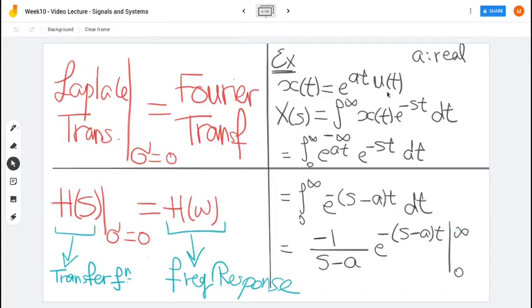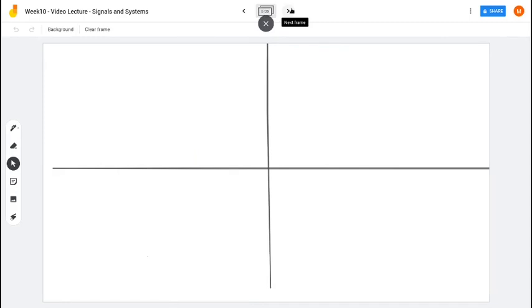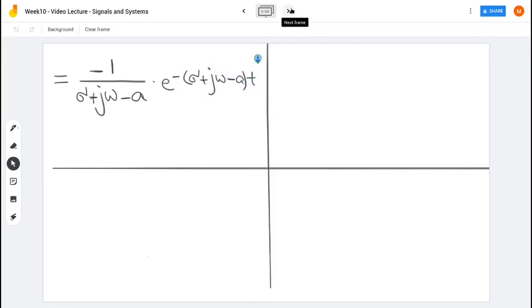And now let's start replacing s by sigma plus j omega. So now we will be having minus 1 over (sigma plus j omega minus a) times e to the power minus (sigma plus j omega minus a) times t from 0 up to infinity.